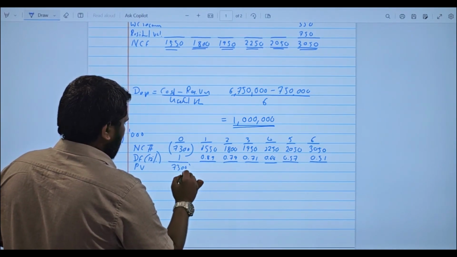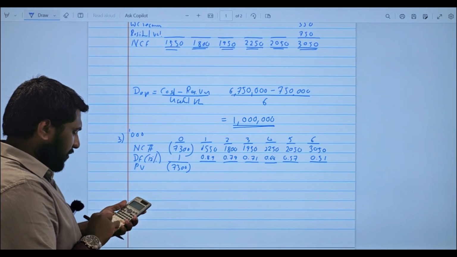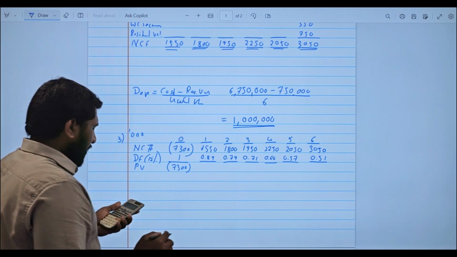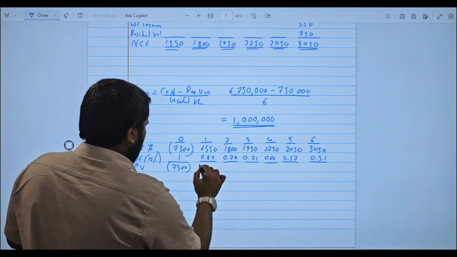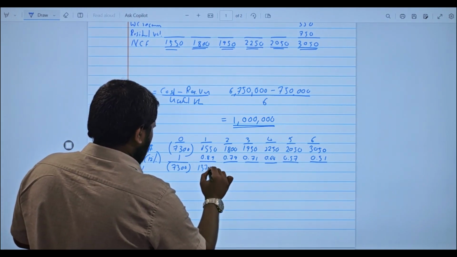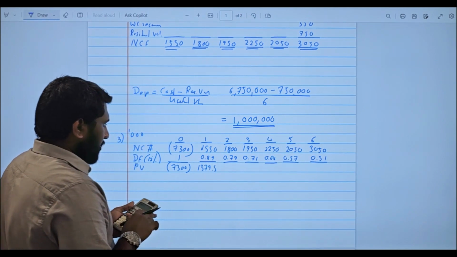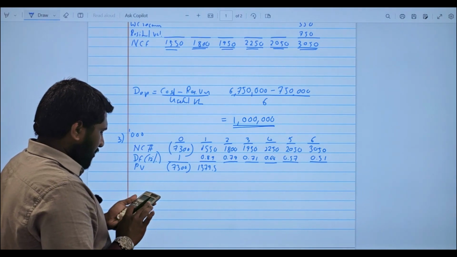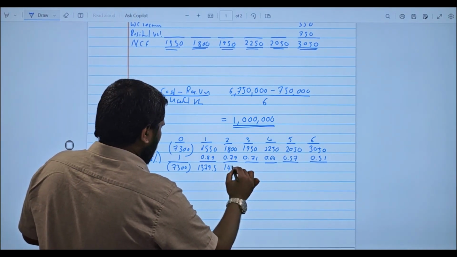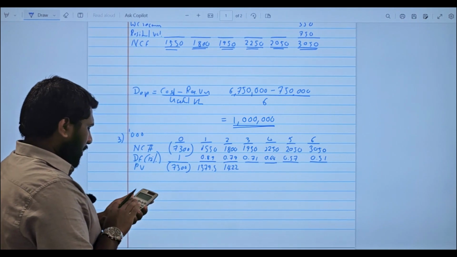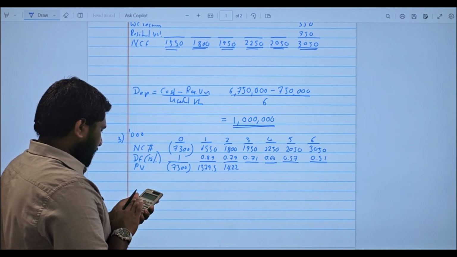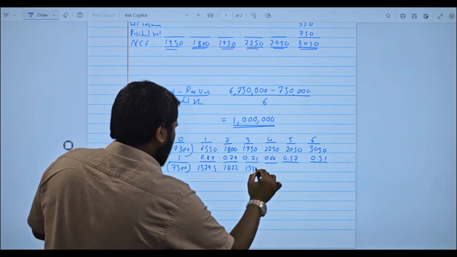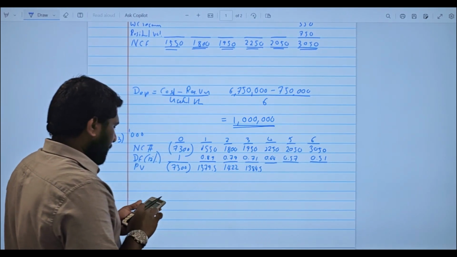7,300 negative. 1550 into 0.89, I'm getting a value of 1379.5. Here 1800 into 0.79, I'm getting a value of 1422. 1950 into 0.71, I'm getting a value of 1384.5.